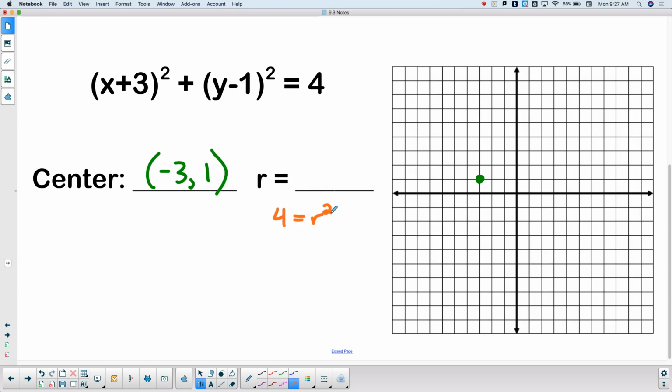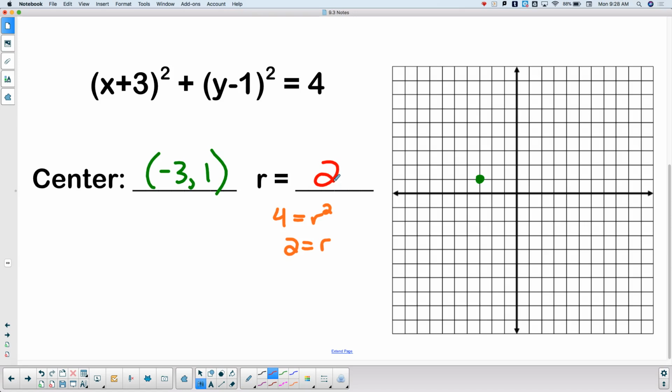No. So do we need to worry about plus or minus in this case? No. So my radius here is just 2. If you want to still write plus or minus 2, that's fine. But the actual radius is just 2, because again, it is a distance.